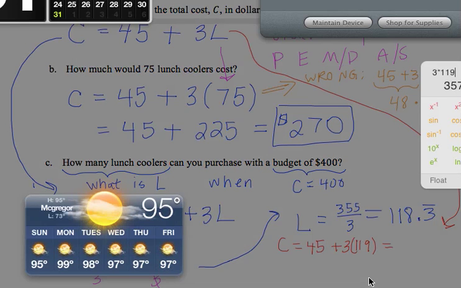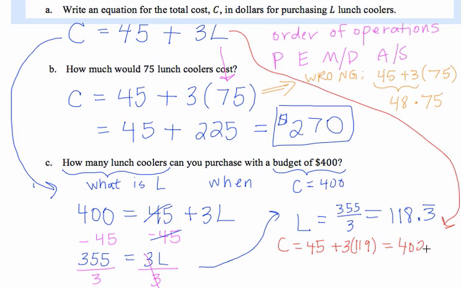3 times 119 is 357, plus 45 is $402. So that would not be in budget of $400. So we're going to have to round down and order 118 lunch boxes or lunch coolers.